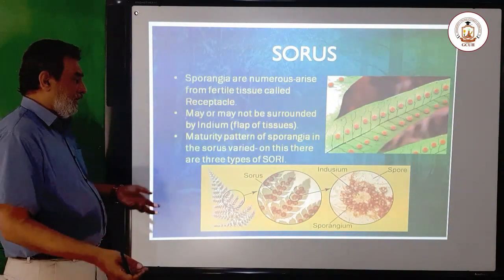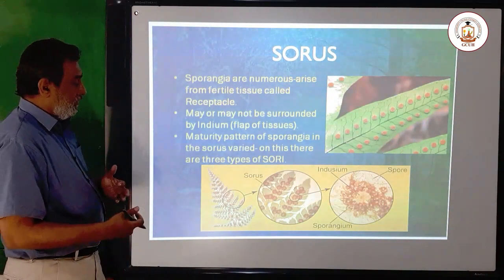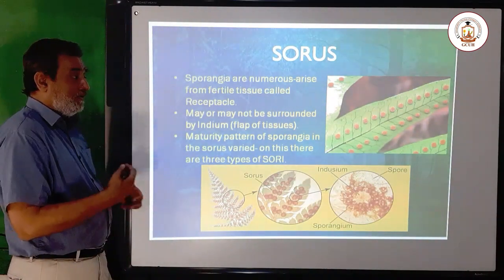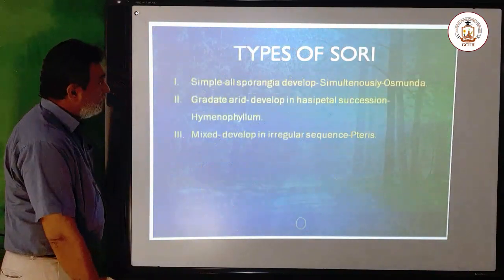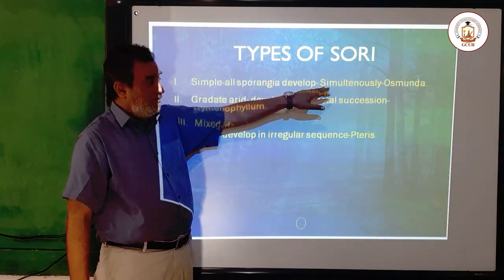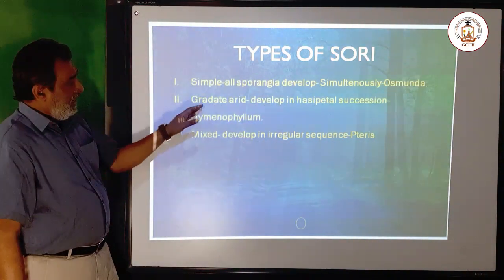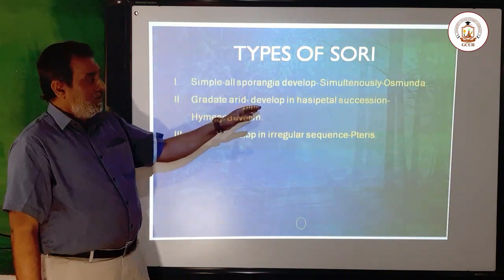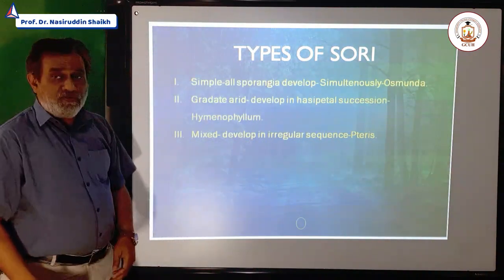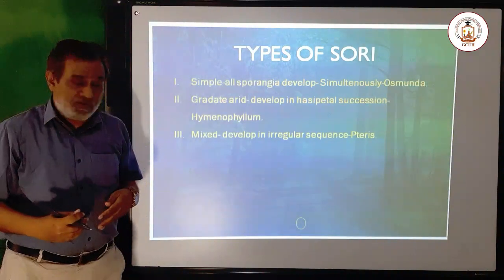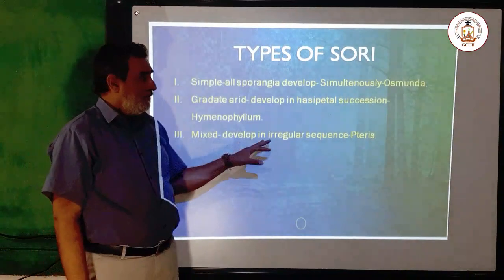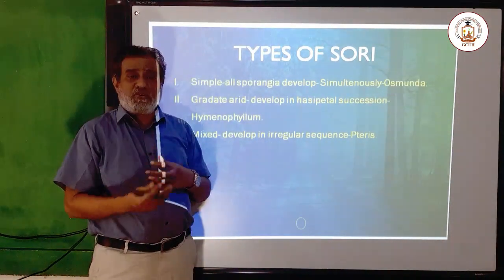The maturity pattern of the sporangia in the sori varies. There are three types of sori, based on the succession of maturity. The simple type: all sporangia develop simultaneously. The gradate type develops basipetally, a basipetal succession, from top to bottom, from the outside to the center, as present in Hymenophyllum. The mixed type has an irregular sequence of maturity of the sporangia.